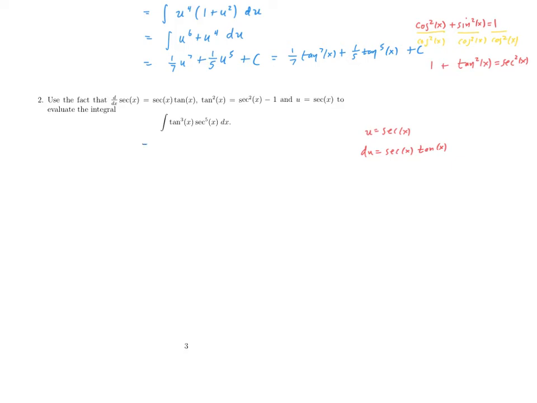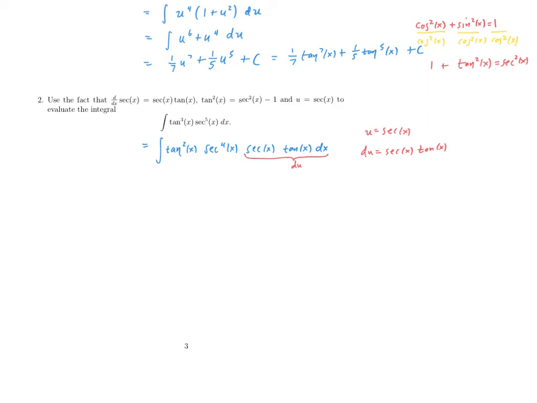So I'm going to simply rewrite this algebraically. So tangent cubed can be rewritten as tangent squared times tangent. Secant to the fifth can be written as secant to the fourth times secant to the first. So we're pulling off a secant and a tangent to play the role of du.